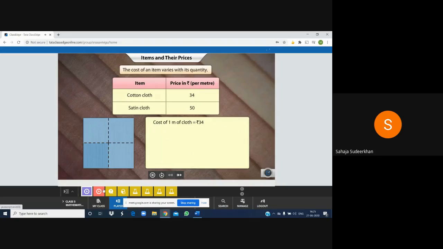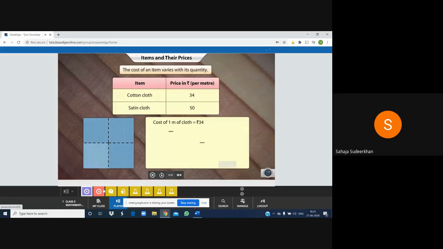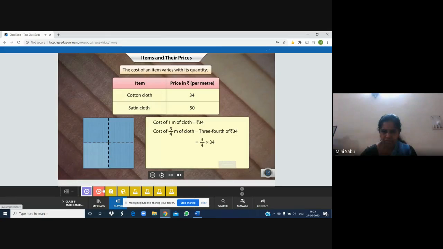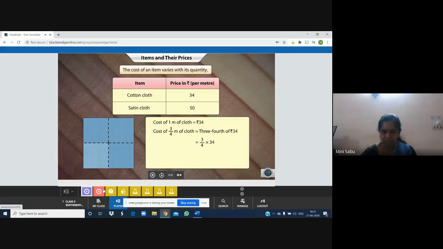Now, let's find the cost of 3/4 of a meter of cloth. 3/4 is 3 parts out of 4. We know that 1 part out of 4 costs 8 rupees 50 paise.